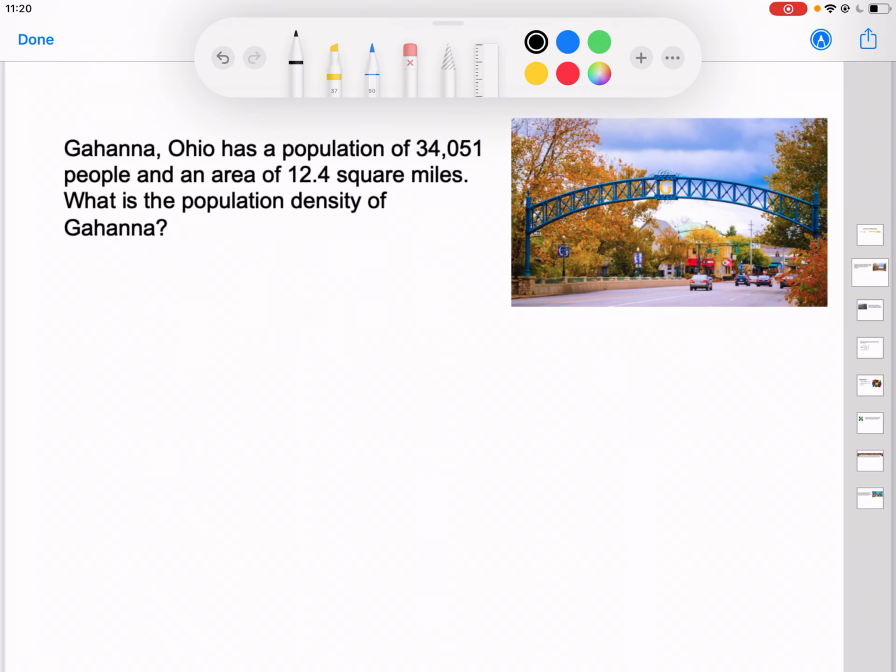We've got Gahanna right here, which has a population of 34,051 people and an area of 12.4 square miles. To find that population density, we'll take the population, the number of people, divide it by the area of Gahanna, and then we'll find the approximate answer, which is 2,746.05.